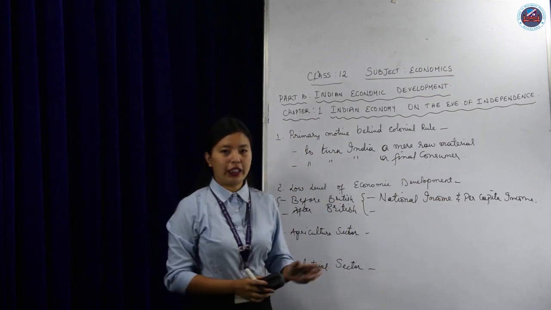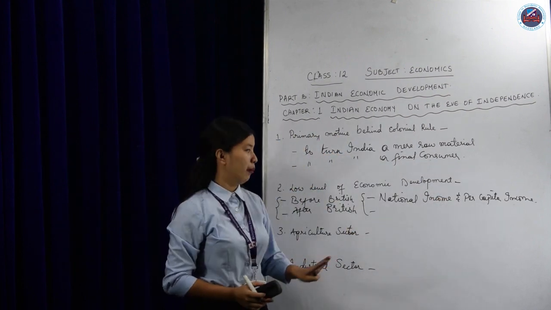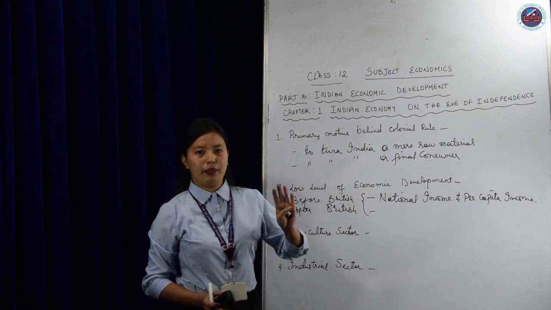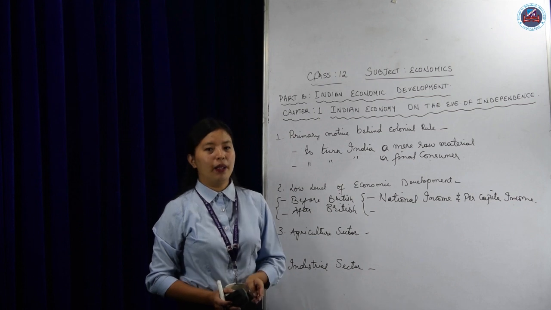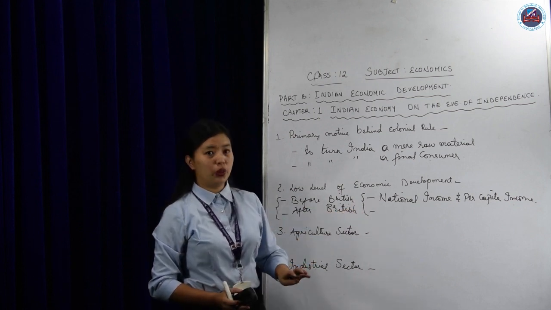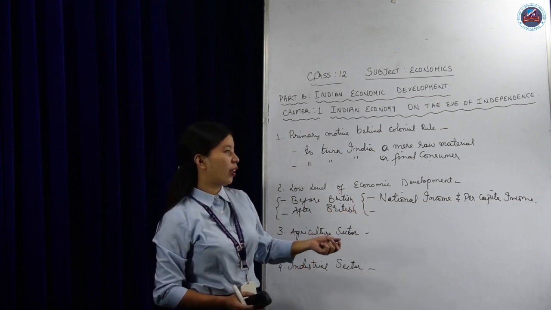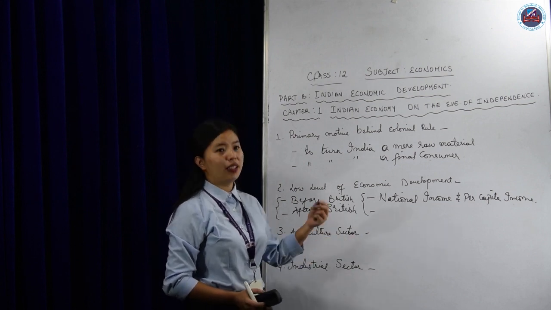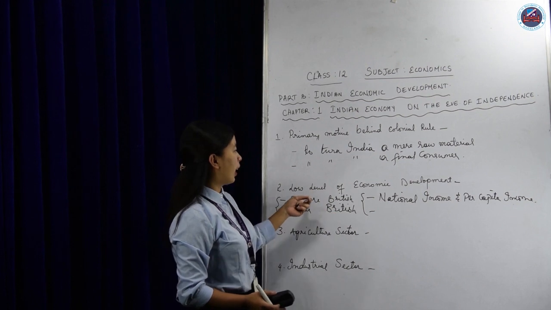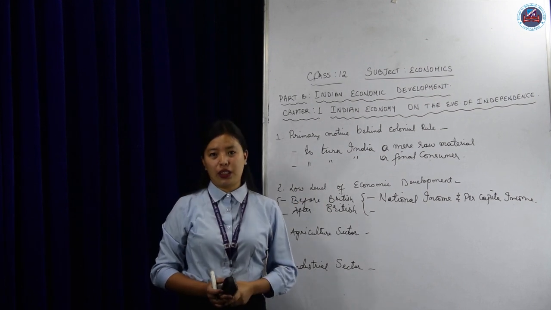These are two of the main indicators of a country's economic development. But during the British colonial rule, the government never made any sincere attempt to measure such income. Ultimately, this led to our country's low level of economic development.